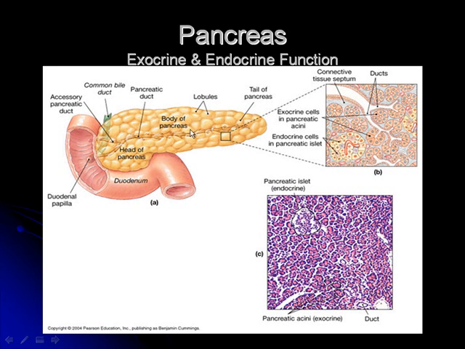As you can see, the pancreatic duct joins a duct that comes from the liver and the gallbladder, also referred to as the common bile duct, and jointly they will enter into the duodenum and secrete their digestive juices into the duodenum at the duodenal papilla.